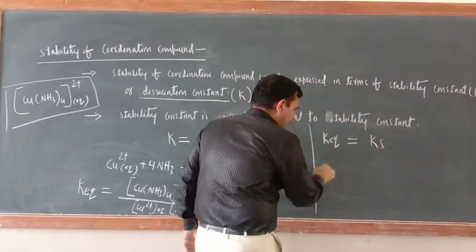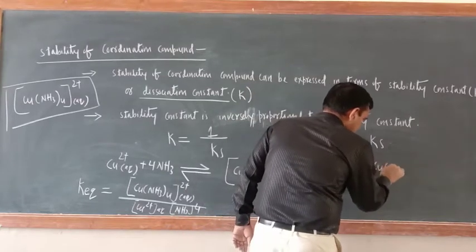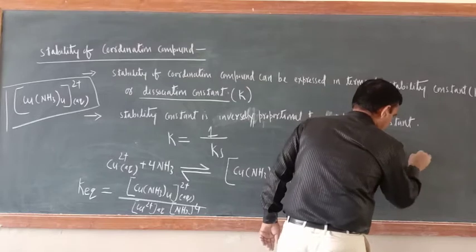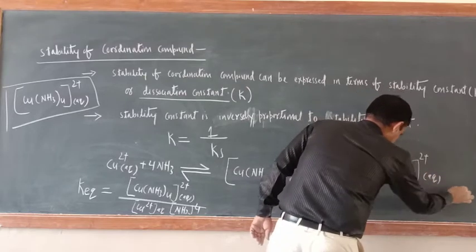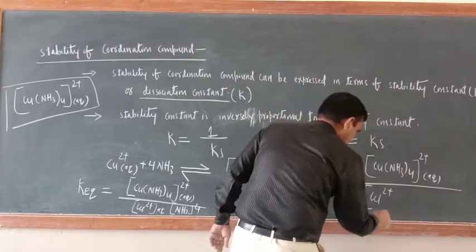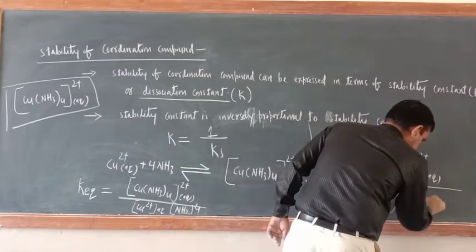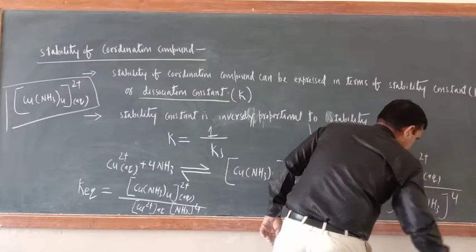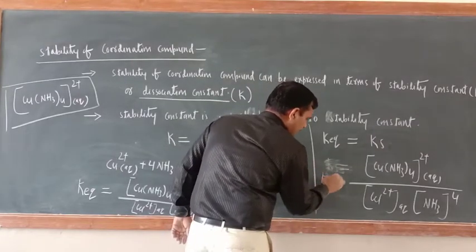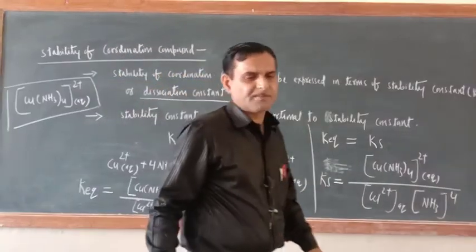So we can write Ks equals [Cu(NH3)4]2+ aqueous divided by [Cu2+] aqueous and [NH3] raised to the power 4. I hope you understood the meaning of equilibrium constant and Ks. The equilibrium constant is only equal to Ks, the stability constant.